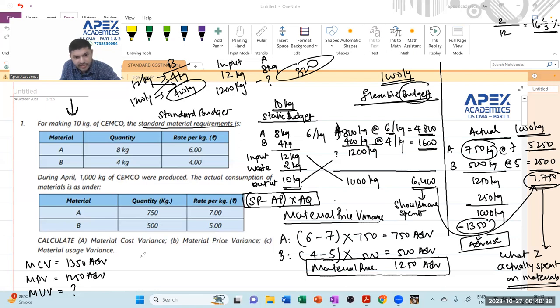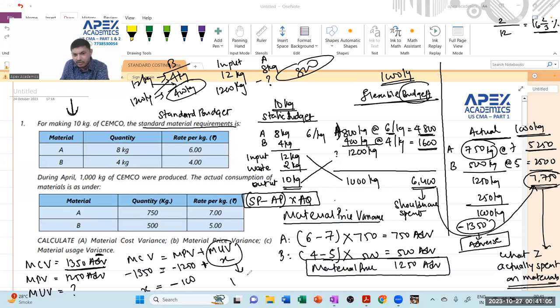My dear students, we have established proof of concept that material cost variance is equal to material price variance plus material usage variance. Material cost variance is 1350 adverse. Adverse means negative. So minus 1350 is equal to minus 1250 plus x. X is equal to minus 100, means material usage variance is going to be 100 adverse.